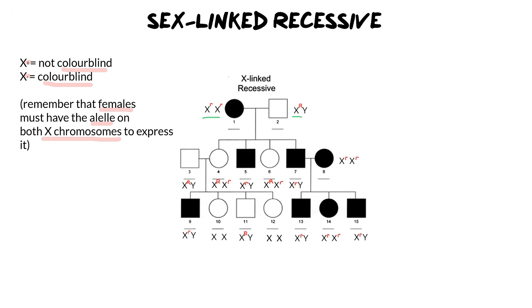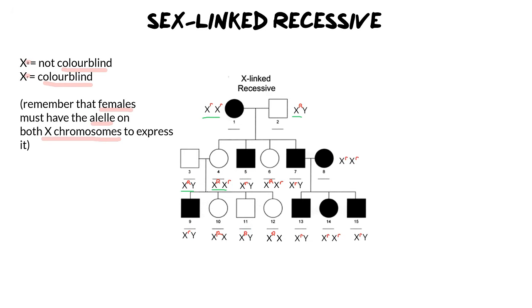If we look at individuals 10 and 12, they are also sisters. And now we need to look at their parents. So here are their parents. It's an unaffected dad and a carrier mom. Now, because their dad only has one X chromosome to offer, which is the X with a capital R, each of these girls will have a capital R on their X's. But now here's the tricky part.